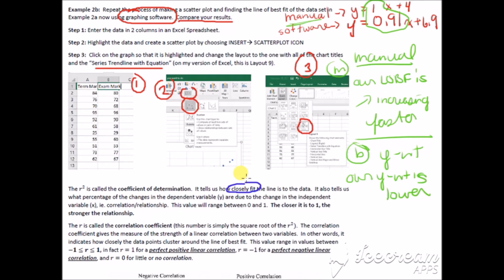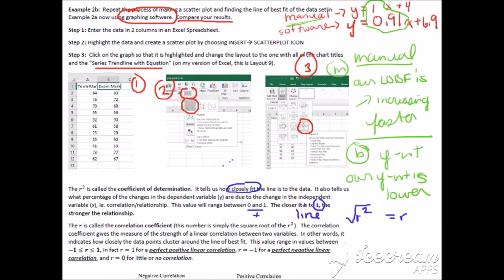We call this the correlation or the relationship. This value is between 0 and 1, and the reason it's positive is that we take that r squared and we root it to get r. The closer to 1, the stronger the relationship. 1 would be a perfect line.